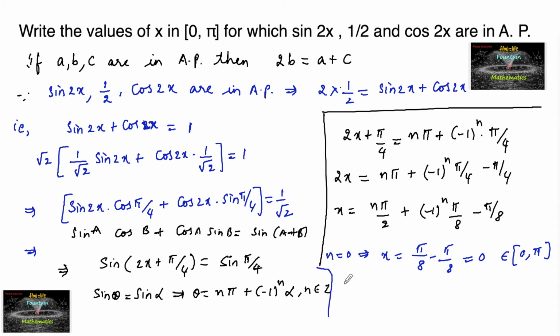And now we can take n is equal to 1. So we have x is equal to 1 pi by 2 plus minus 1 whole power 1, that is minus pi by 8, and again minus pi by 8. So pi by 2 minus pi by 8 minus pi by 8, that is pi by 2 minus pi by 4, which is equal to pi by 4. This also belongs to the interval 0 to pi.